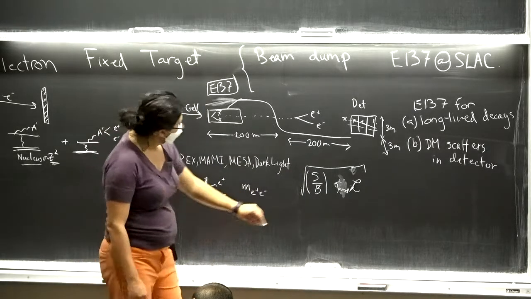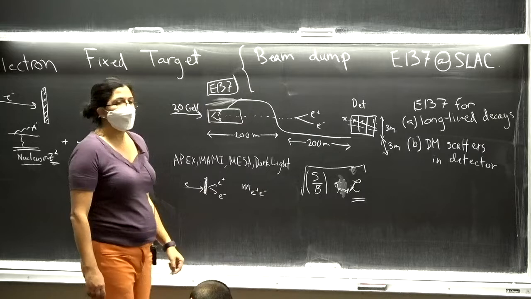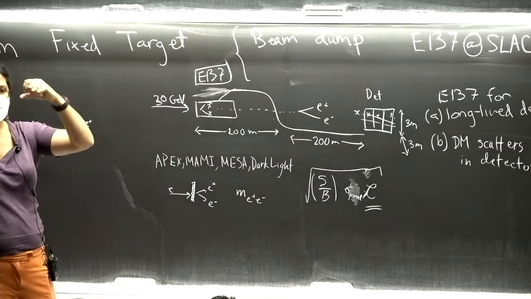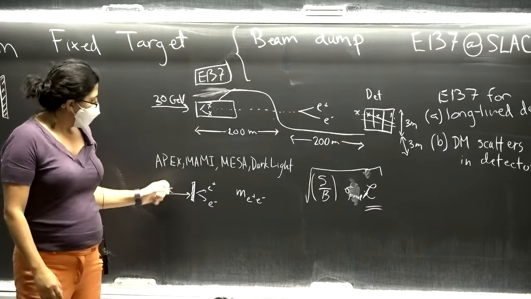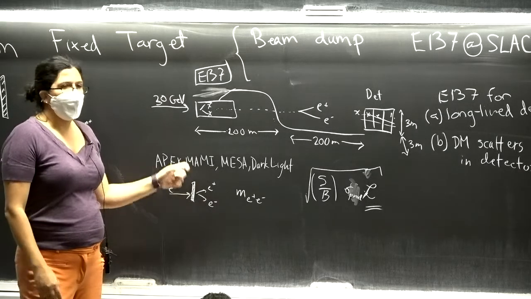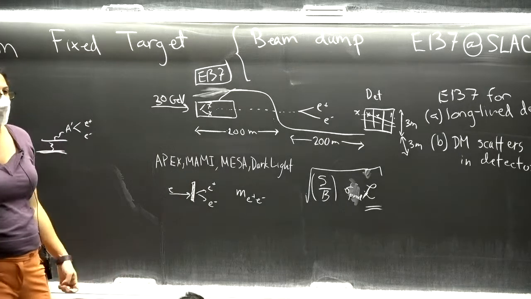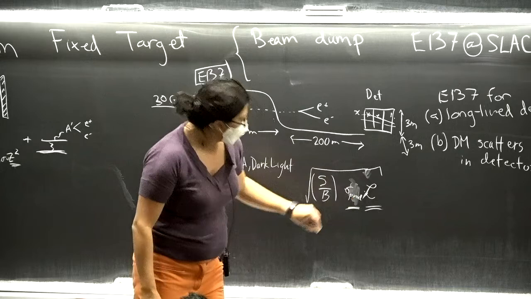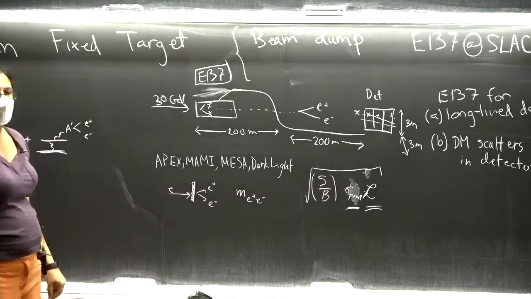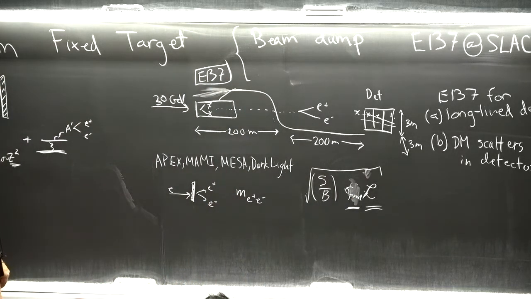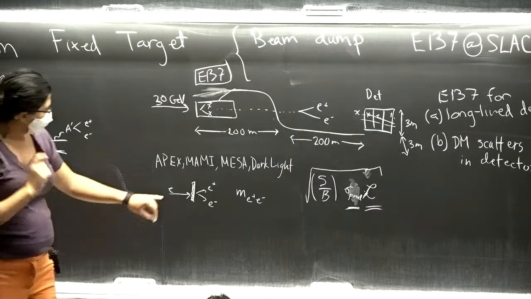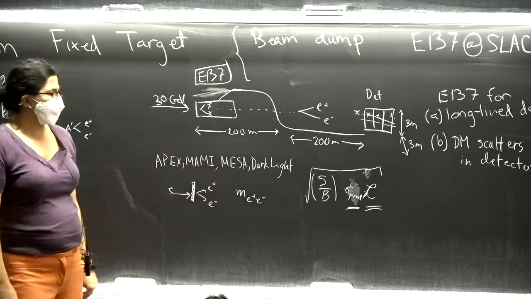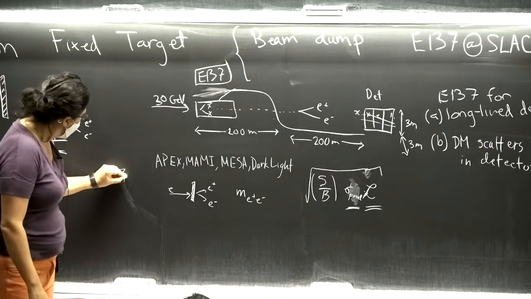And the luminosity is way bigger for fixed target because instead of just colliding a bunch of 10 to the 11 electrons on a bunch of electrons, you could collide a comparable number of electrons on sort of mole scales of material. So you can get high luminosities, and you have a much enhanced cross-section because of this Z-squared enhancement. So that's why the fixed target programs have been done with thin targets to look for e+ e- in the prompt cases.